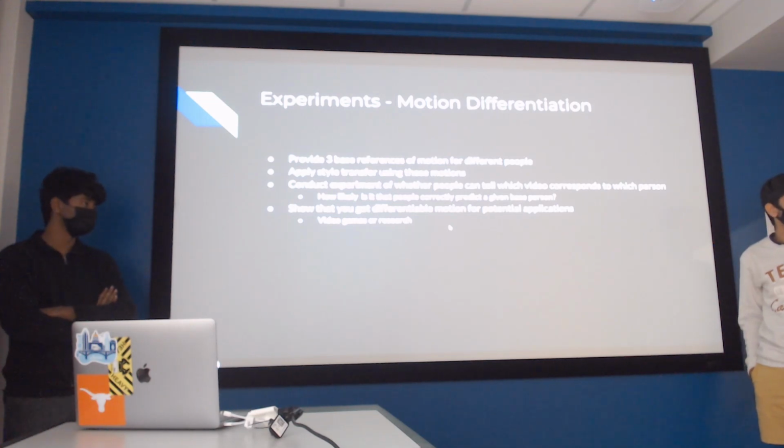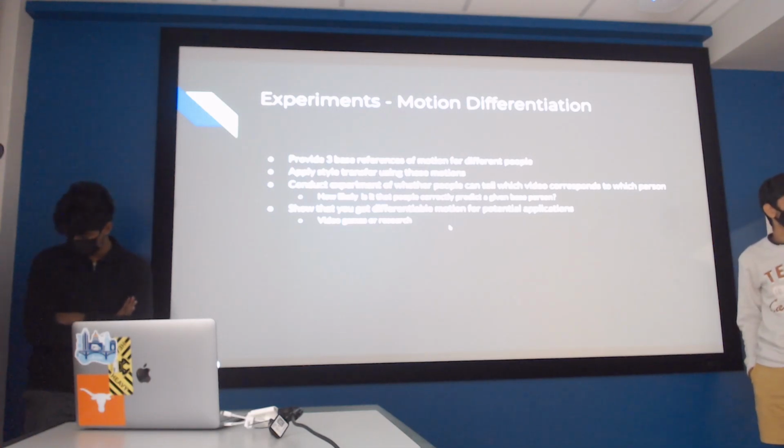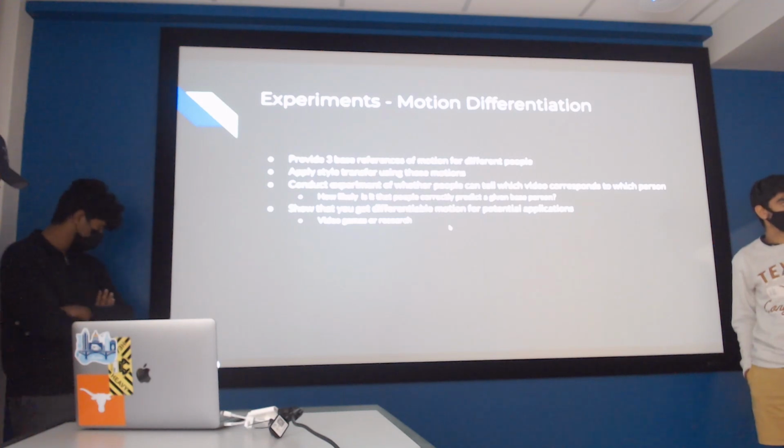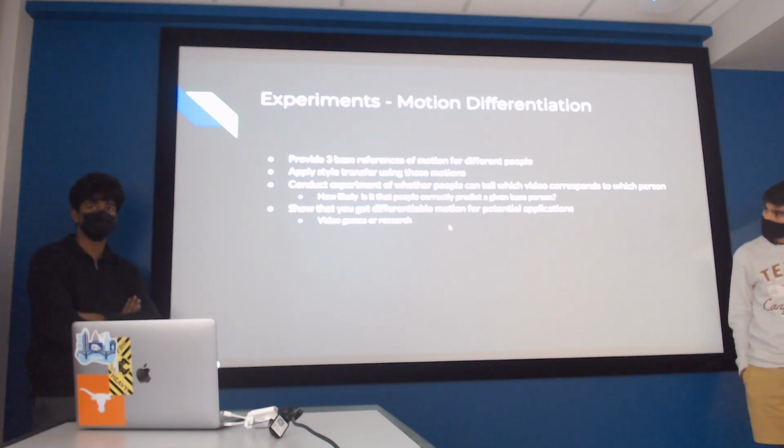And if that's possible, then within any kind of lab research or in video games, you could really easily create a bunch of base motions and then have short clips of a person doing some of their basic human motion, and apply that over, and you get distinct motion where you can tell there are lots of different unique people, and it's not just generic VR agents within this environment.